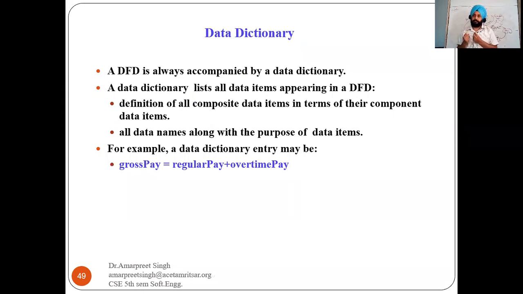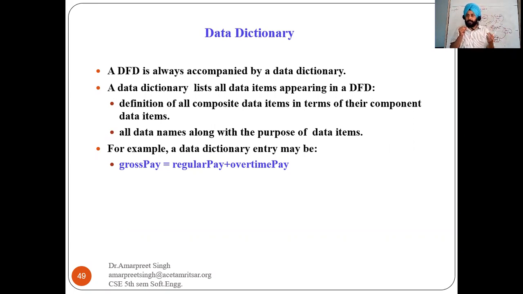Next comes the data dictionary. A DFD is always accompanied by a data dictionary. So what is a data dictionary? It is a list of all the data items appearing in a DFD. It consists of the definition of all the composite data items in terms of their component data items.